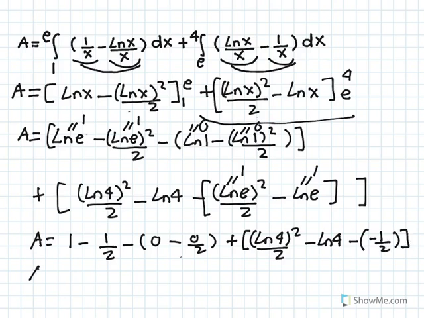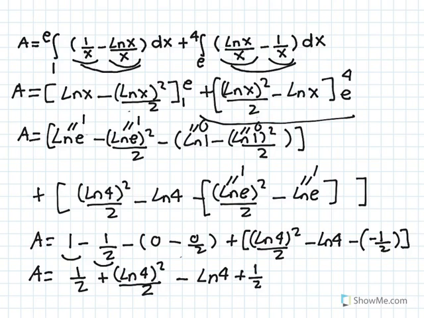So if we simplify this, we get the area is equal to 1 minus 1/2, that's 1/2, plus (log 4) squared divided by 2, and then minus log 4. And then we also have plus 1/2 here. That's from here. Minus times minus gives us plus.